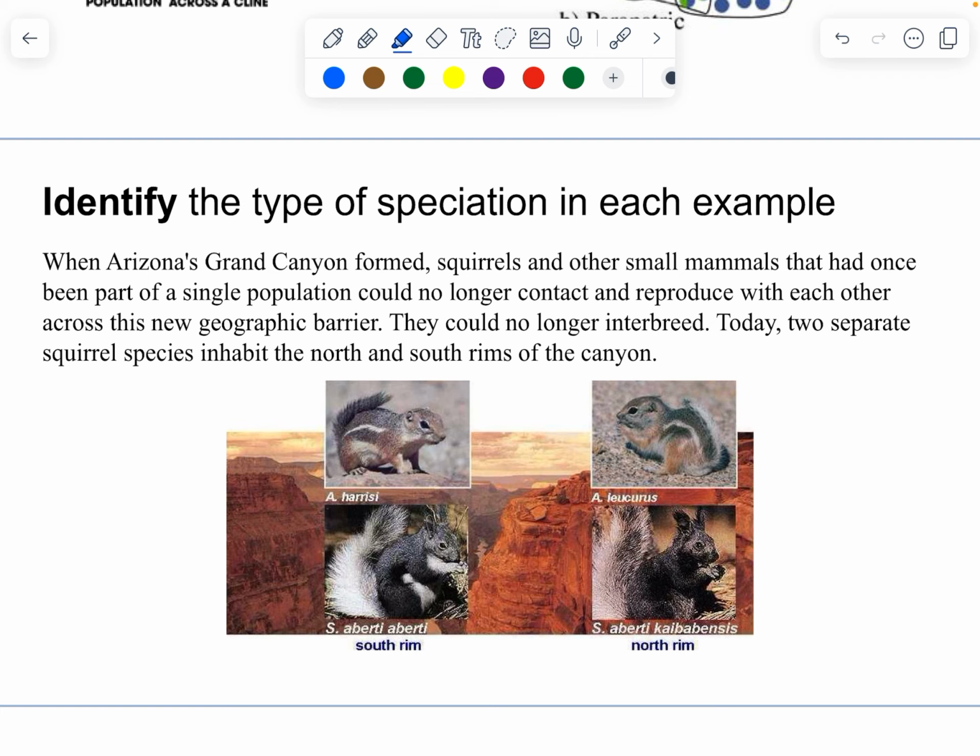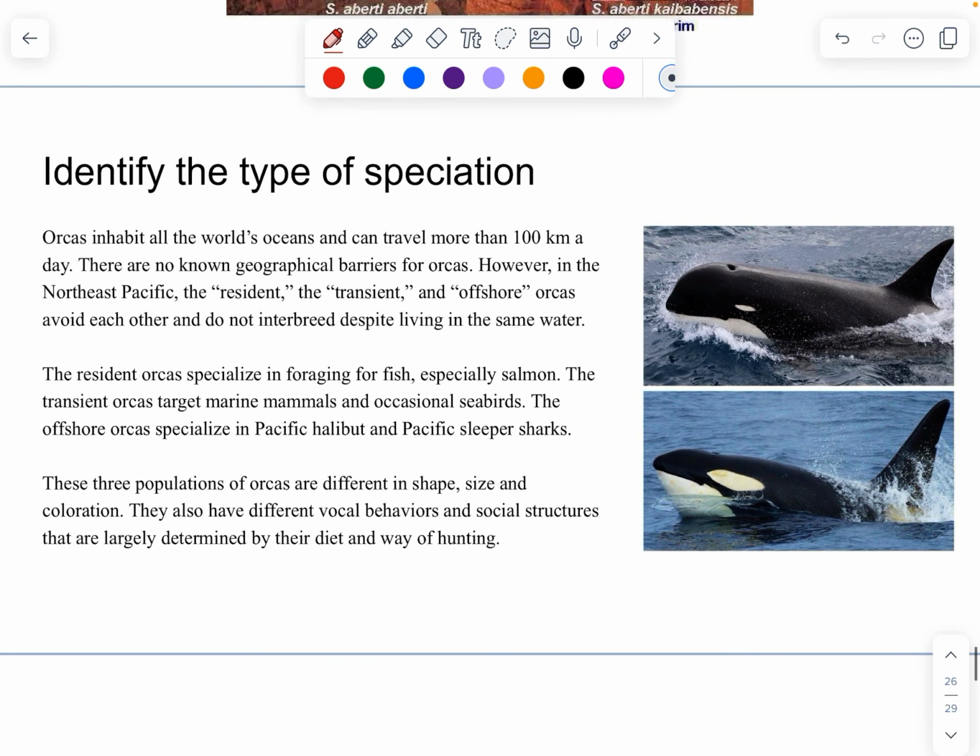So they became reproductively isolated, and after multiple rounds of reproduction, they evolved into 4 distinct species that do not interbreed with one another. So this will be an example of allopatric speciation because there's a geographic barrier.